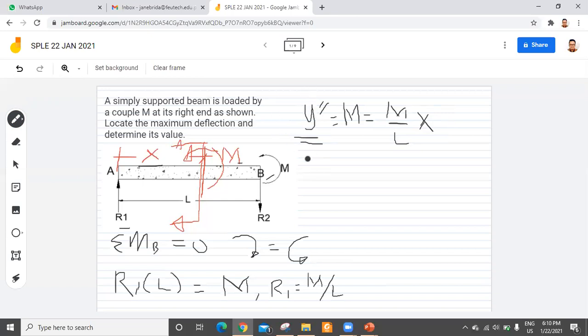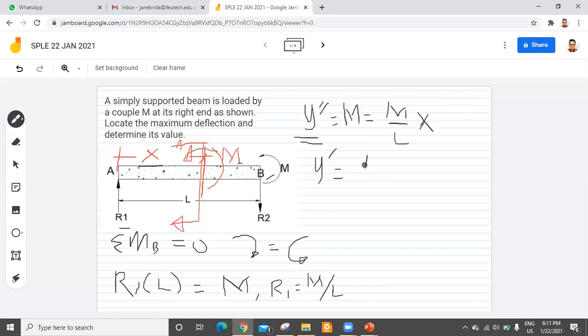Now, if we are going to integrate both sides, this one will become the first derivative. If you remember the general power formula, x to the power of n is equal to x to the n plus 1 over n plus 1.